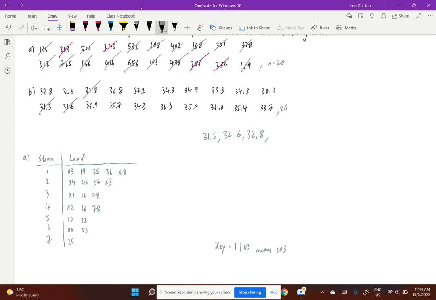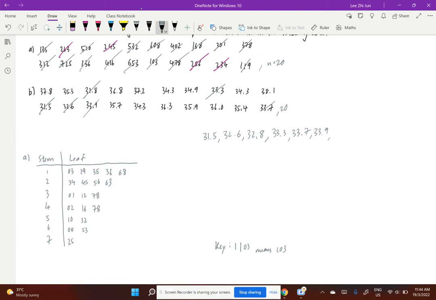Go to 33: 33.3. Yeah, it takes a long time to do this. 33.7, 33.9. Here and here.